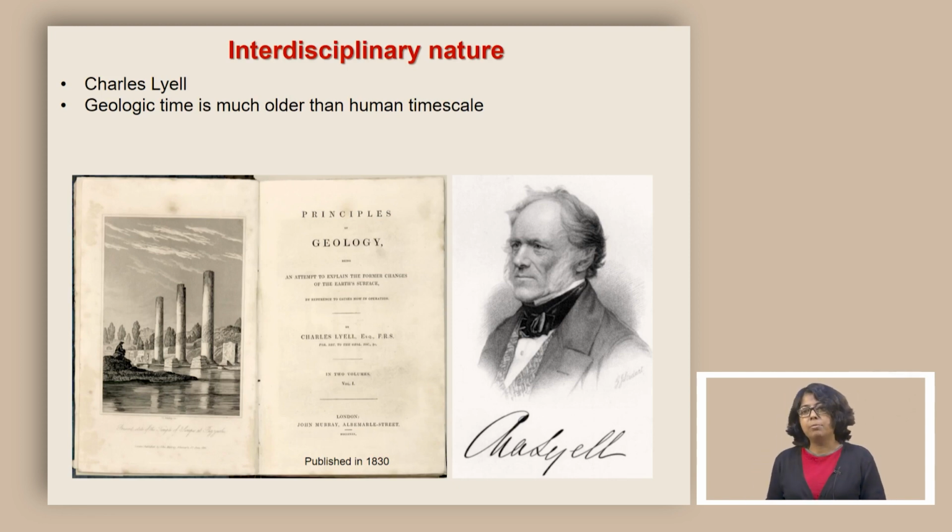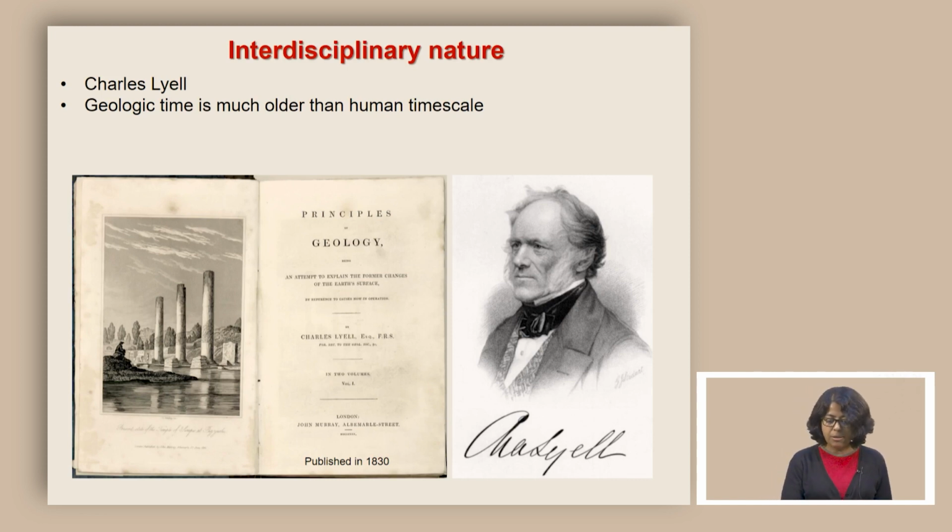And this concept that slow processes, the processes that we are observing today, even though they are slow, if they operate over a very long time, they can lead to results which are very distinct and very dramatic, attracted attention from all spheres of science.